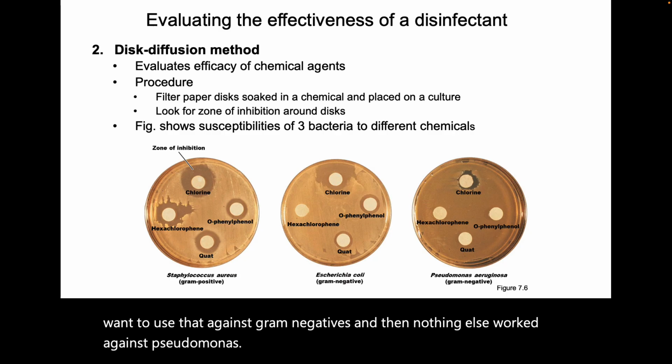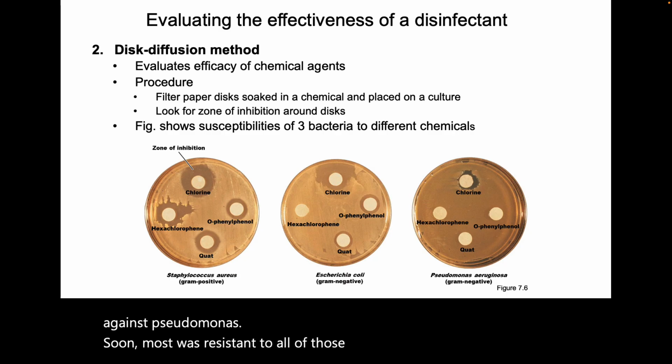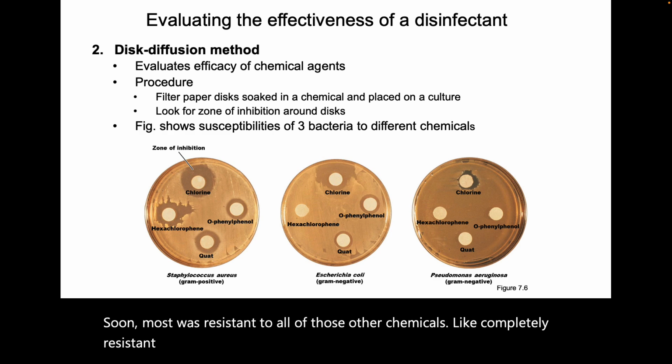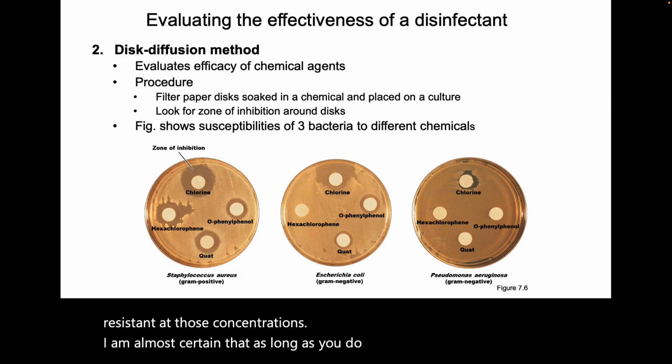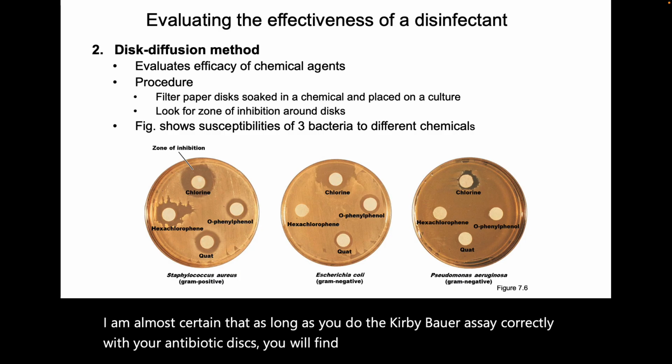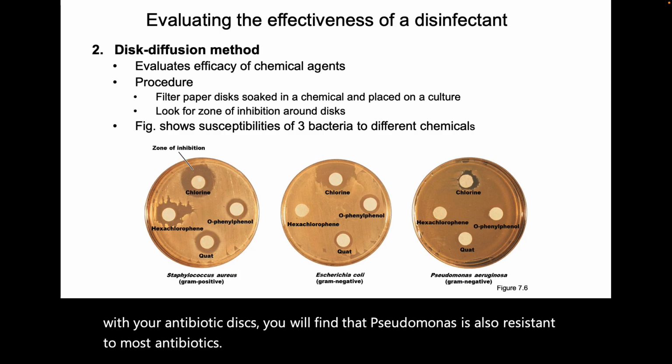Pseudomonas was resistant to all of those other chemicals, like completely resistant at those concentrations. I am almost certain that as long as you do the Kirby-Bauer assay correctly with your antibiotic discs, you'll find that Pseudomonas is also resistant to most antibiotics. Okay, it's a nasty one, but it allows us to determine.